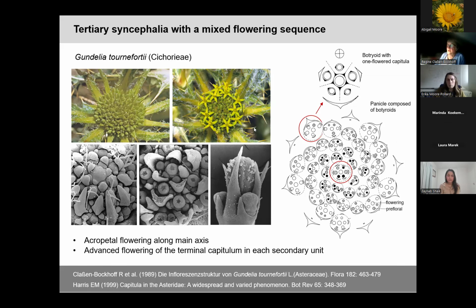However, when we look at the morphology of this system, we see that the flowering sequence is acropetal. Here you have a young developing syncephalium, and you see that the proximal units are more developed than the distal ones. So this is an acropetal development. You can also see it here on the diagram, which figures the whole syncephalium composed of many subunits, secondary units.